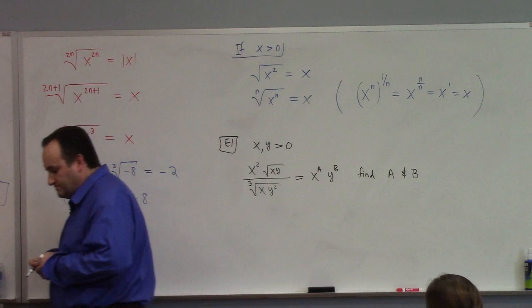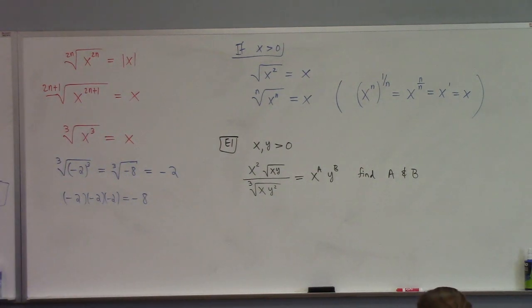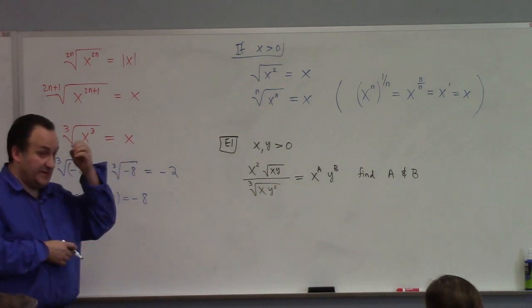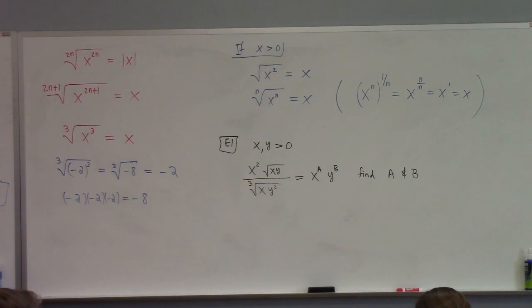How do you do this problem? Let me walk you through it. The idea here is to apply the laws of exponents to simplify the expression on the left-hand side till it looks like the expression on the right-hand side. And once we do that, we can read from it what a and b are.